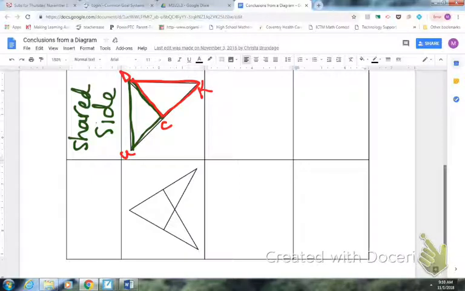If I want to add the segment that they share to the problem, and I maybe need this to prove the triangles congruent, let's say we had to add that marking. Statement-wise, what we would write on our paper is that segment DC is congruent to segment DC.